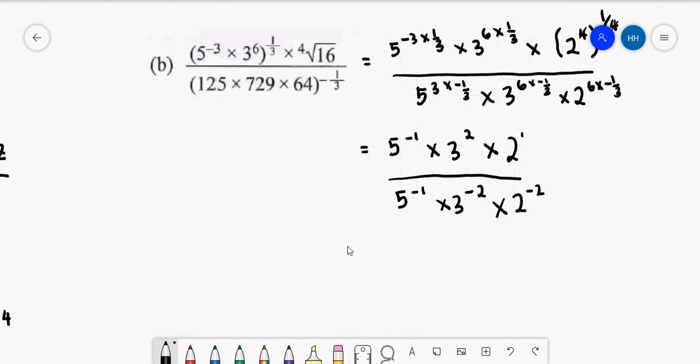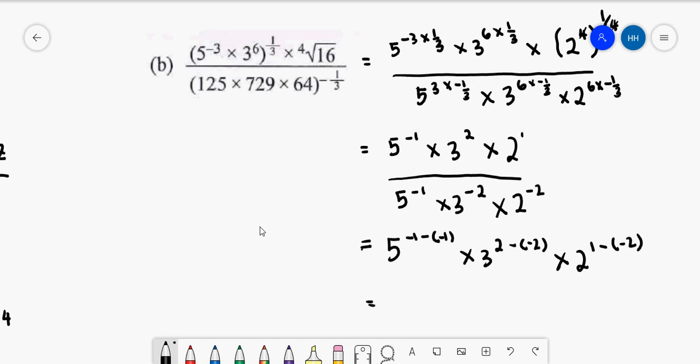And then you can see that the numerator and denominator got same base. So you solve the number with same base only. I mean, you use the law of indices for division. 5 with 5, 3 with 3, 2 with 2. So 5 to the power of negative 1, divide 5 to the power of negative 1, so that means minus negative 1. Then times 3 square minus negative 2, times 2 power 1 minus negative 2.